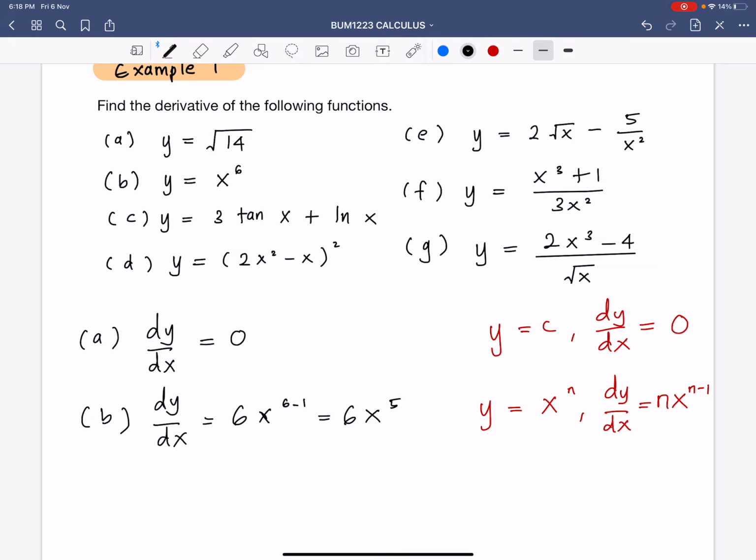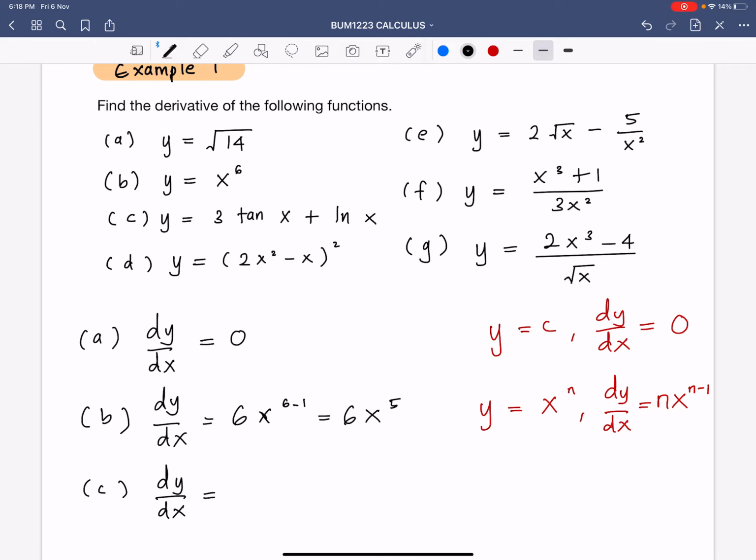For question C, we have y equals 3 times tangent x plus ln x. Here we have the constant 3, which just remains there for the derivative.